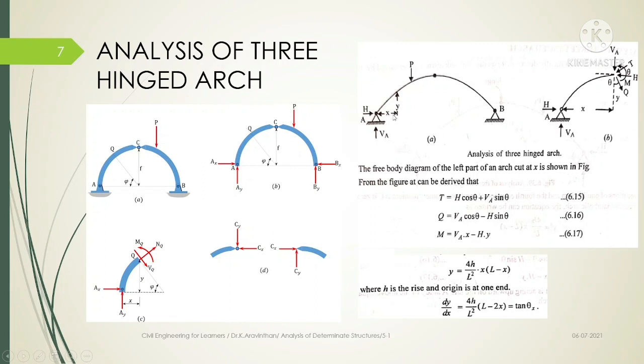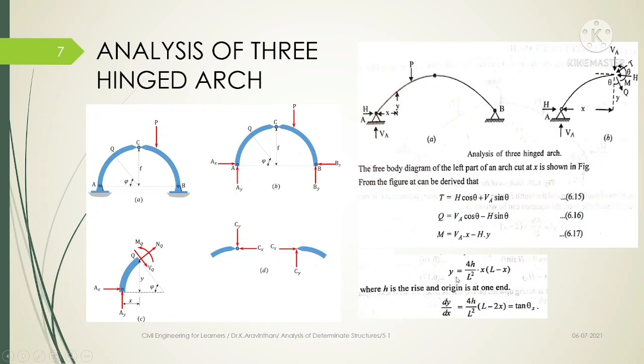So at what point you need the vertical distance, that is the vertical segment. If you need the vertical segment at the crown, you can take x as L by 2. So this will be the total distance. The crown will be acting at the center of the arch, and you can take this as L by 2. And at L by 2, what will be the vertical distance you can find? And x we have discussed, and the remaining things are known.